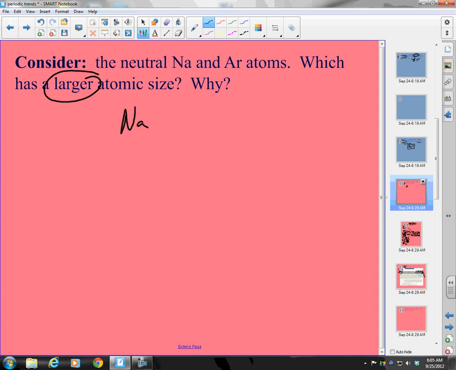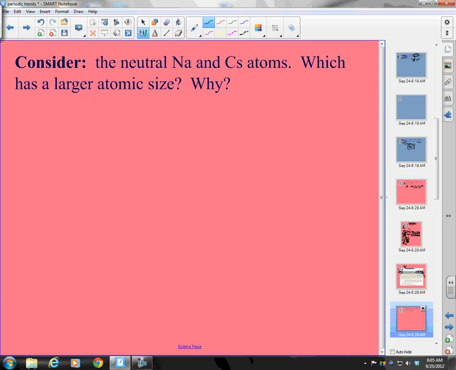Why? Because sodium has a smaller nuclear charge. Okay, and when you get into AP, we'll talk more about effective nuclear charge, but for the time being, this is fine.